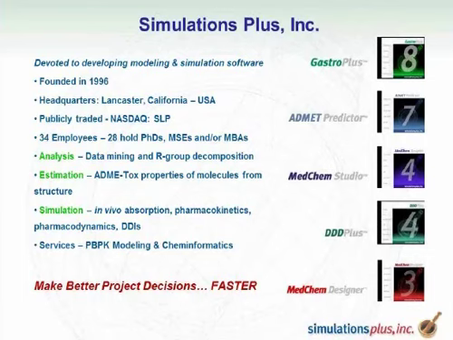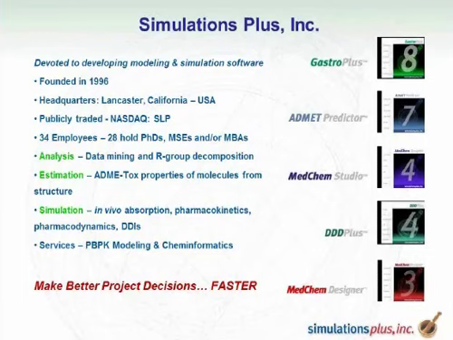DDDPlus is used by the formulation chemists in the drug development stage. MedChem Designer is a product for drawing and sketching of chemical structures and can be used by anyone needing to draw molecules. We also offer services, so if you're needing to outsource an R&D project, we are available to give you PBPK modeling and chem informatics support as well.